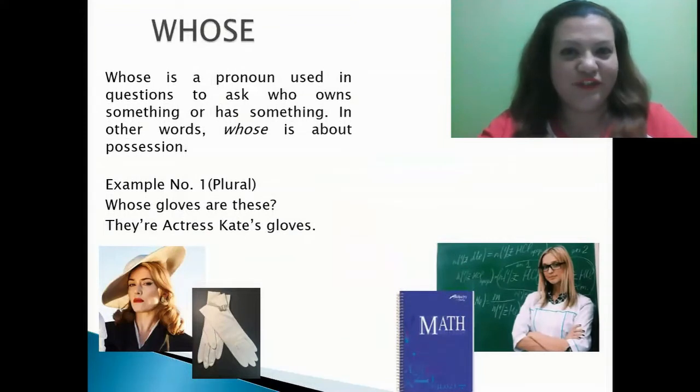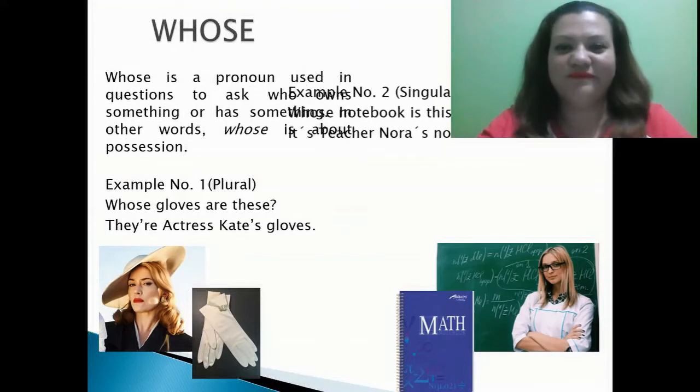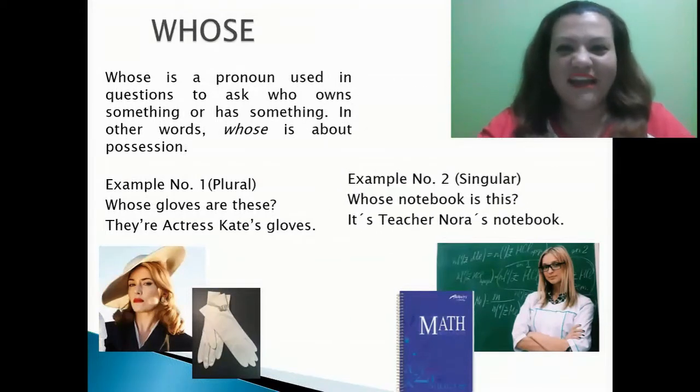Let's look at the picture. We see a woman. It is a teacher. And we have a notebook, a math notebook. So the question is, whose notebook is this? It's teacher Nora's notebook.